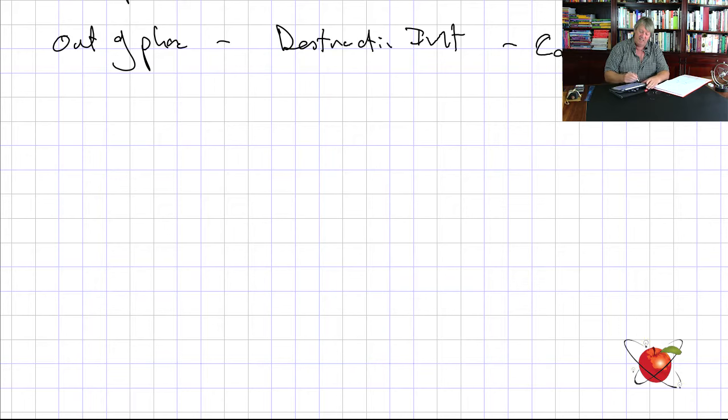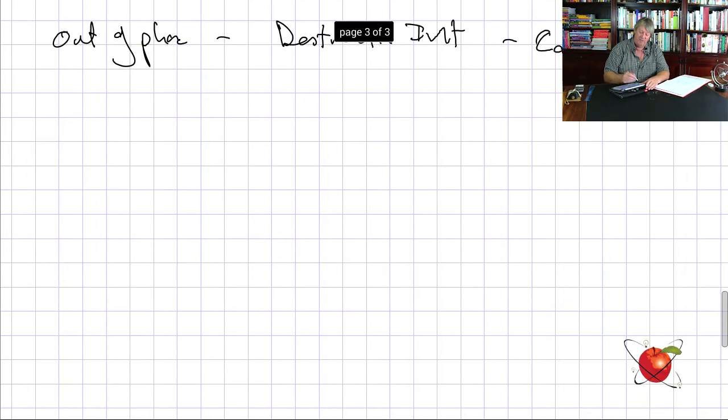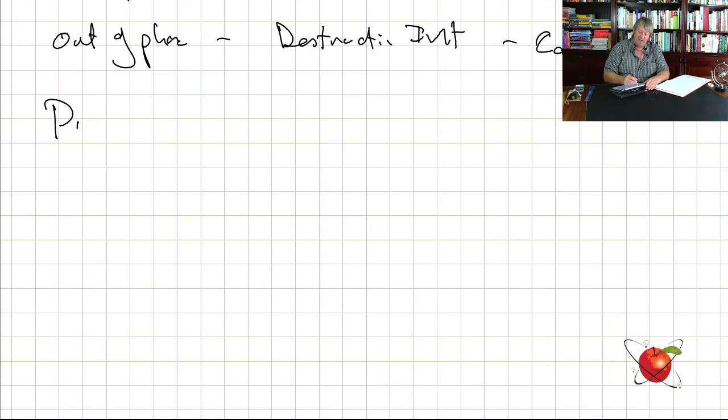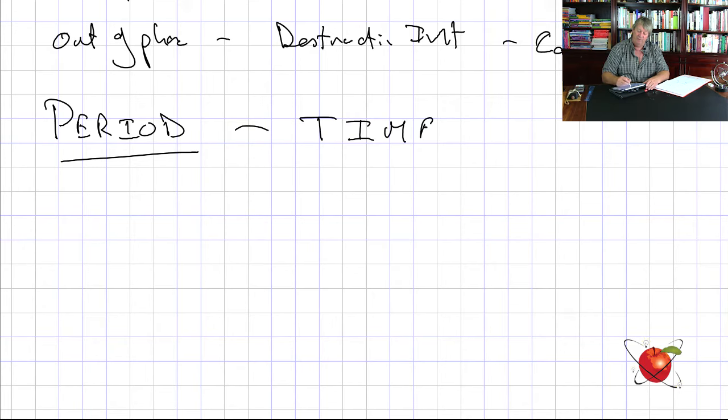All right? The last part, we're almost done with this bit. The last part is the period of the wave. Because one thing we've forgotten is the period. Okay? The period of a wave, we need time. The period is the time. Okay?